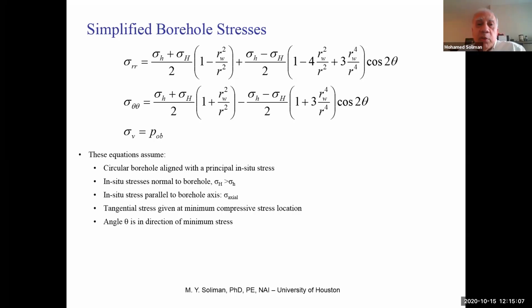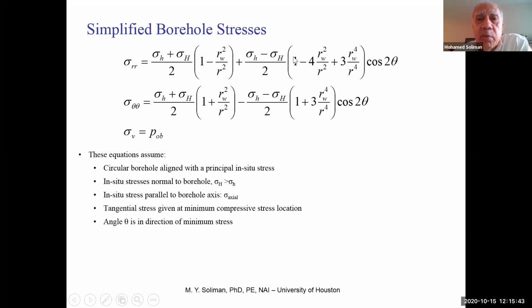So the first question is, what is sigma RR at the wellbore, without looking at the equation? Well, sigma RR at the wellbore, if the wellbore is stable, should be 0. So let us substitute here. At the wellbore, RW is equal to R, so this is 1. 1 minus 1 is 0, so the first term disappears.